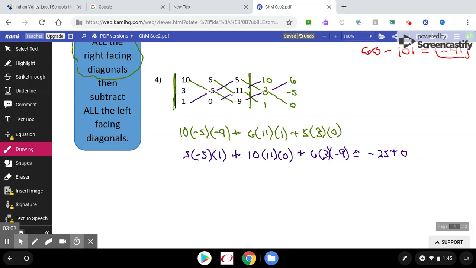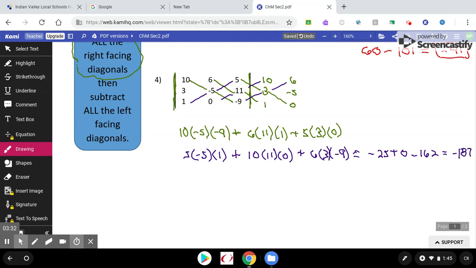I'm going to need a calculator for that, folks. So 6 times 3 times negative 9 would be a negative 162. So a grand total of negative 187, right? Yep.